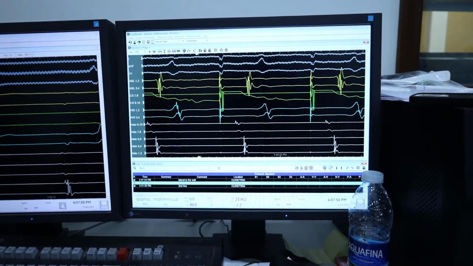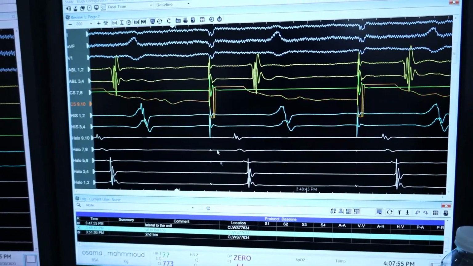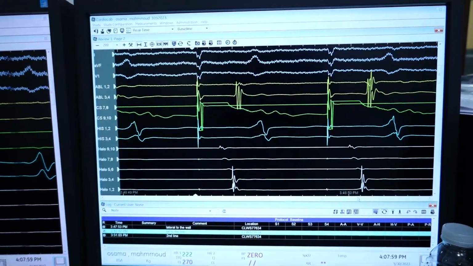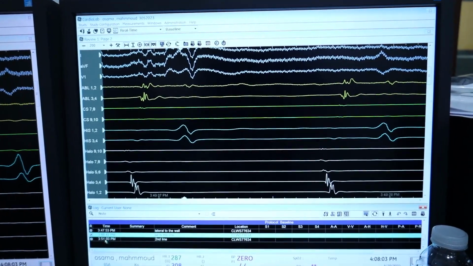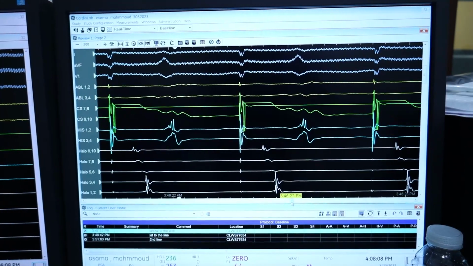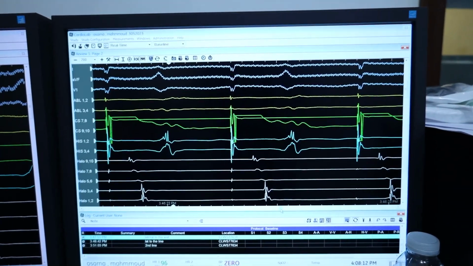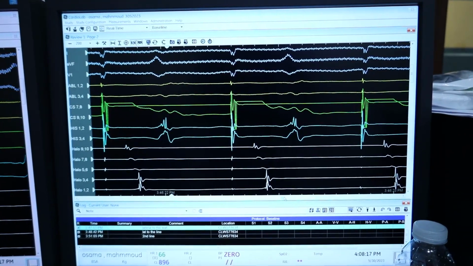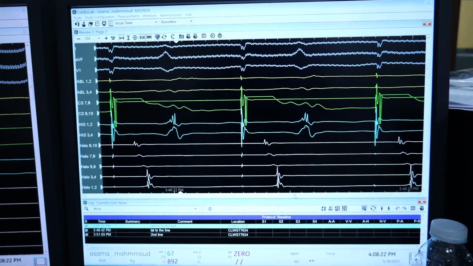Now we can appreciate here that we have bidirectional block by pacing from CS and seeing the loss of convergence, and again pacing from distal halo and appreciating the A on His earlier than the A on the CS catheter, confirming bidirectional block.